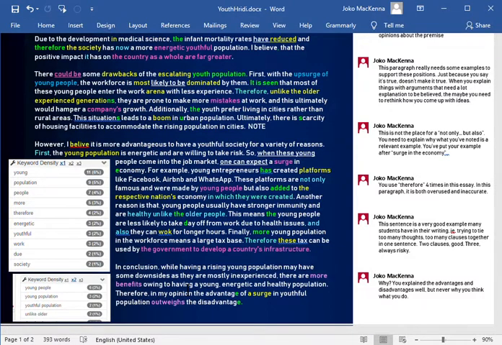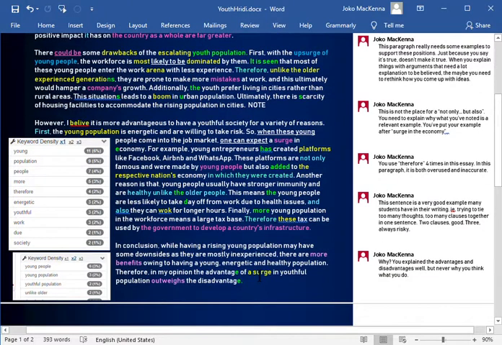Therefore, in my opinion, comma, the advantages of a surge, once again, it's not a surge, it's a percentage. A surge is a sudden increase, and that's not what the essay is about. A surge in youthful population, and well, actually outweighs the disadvantages.